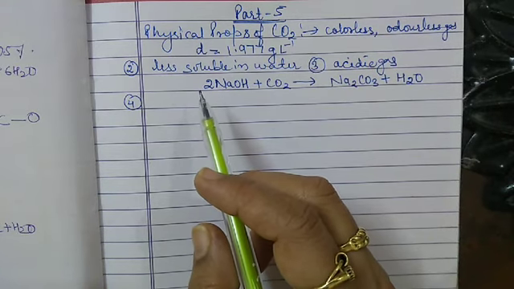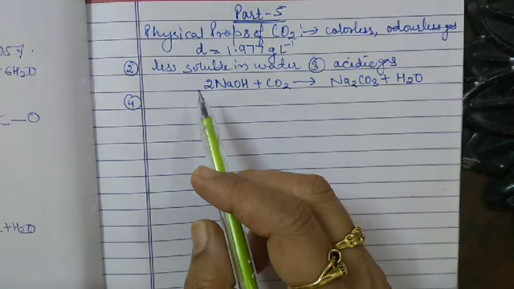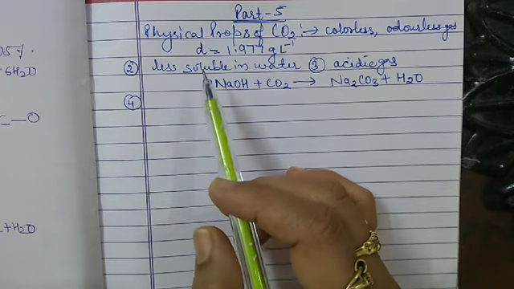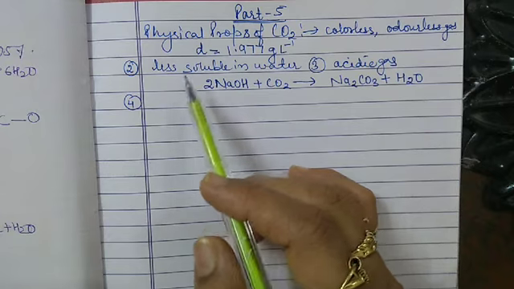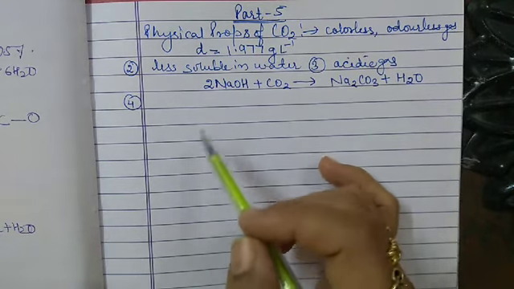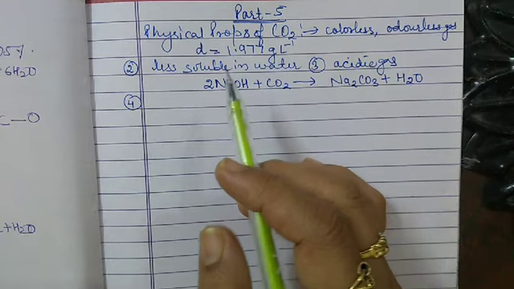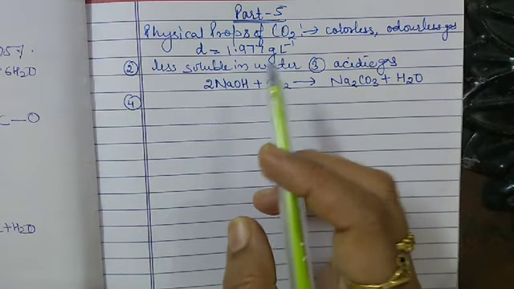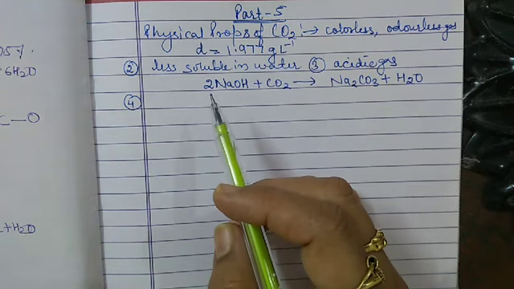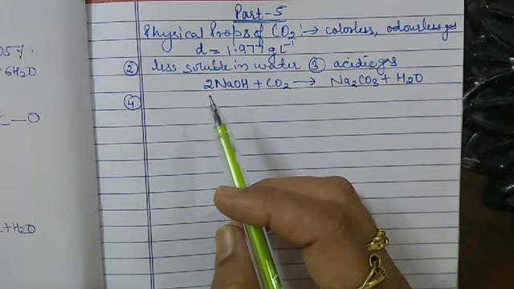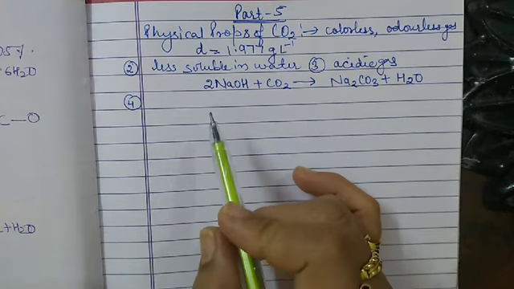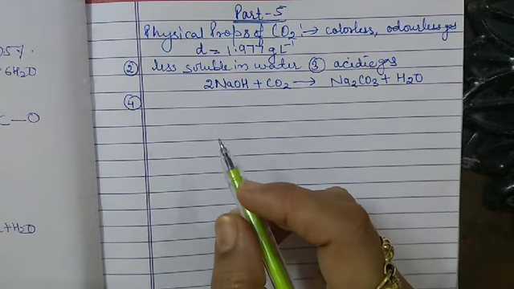Carbonic acid, being a weak dibasic mineral acid, undergoes dissociation and forms the hydronium ion. So these are the important physical properties of carbon dioxide.